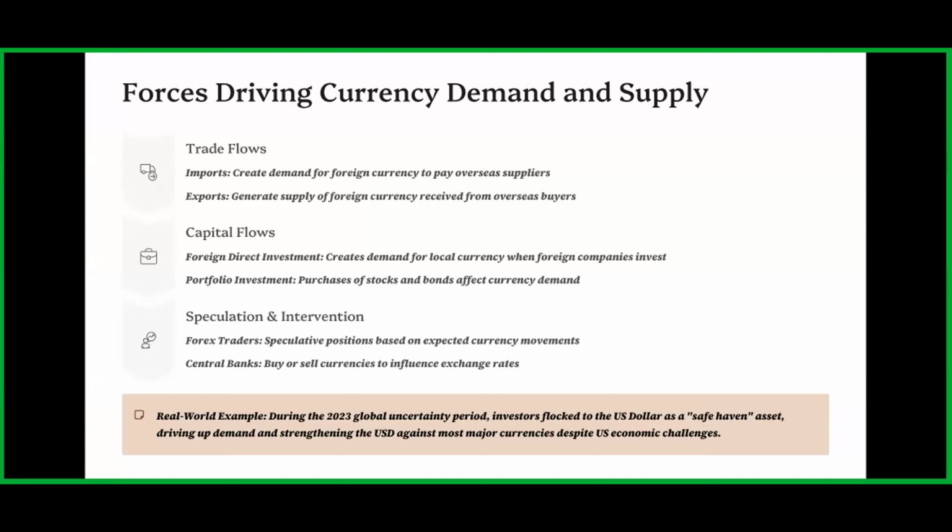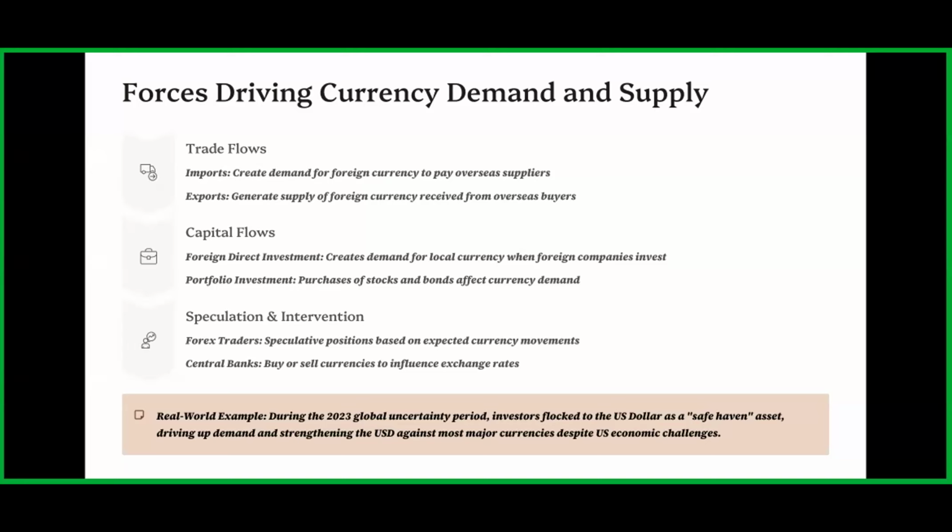That means we receive the foreign currency from the overseas buyers to whom we supply those goods and services. This is how trade flows create the demand and supply for the currencies.